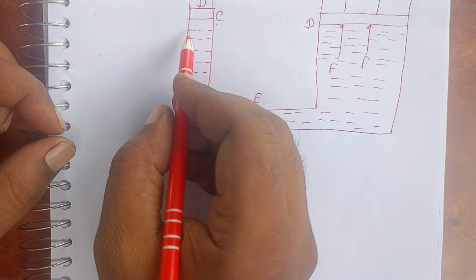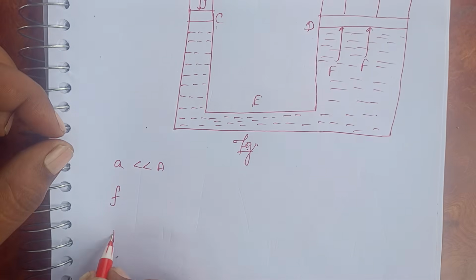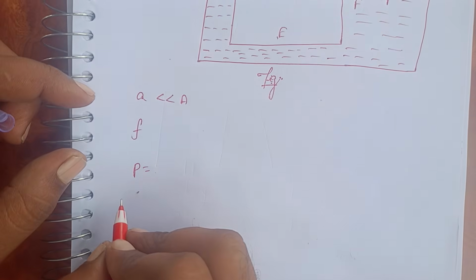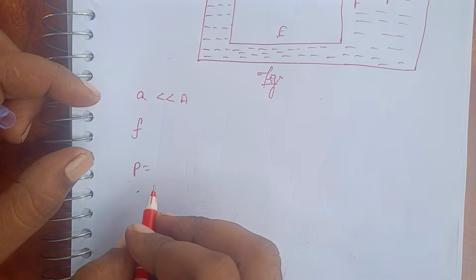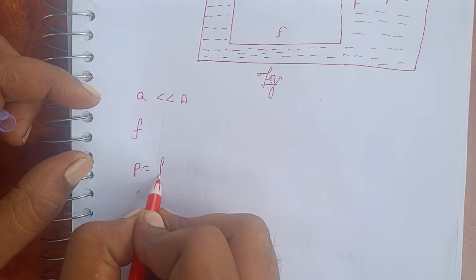Then the pressure exerted on the liquid, P, is equal to f by a.